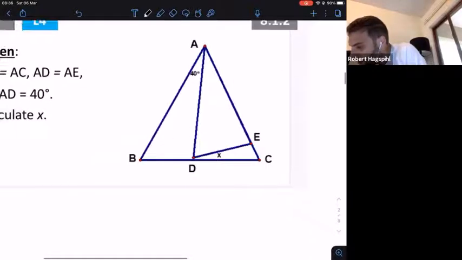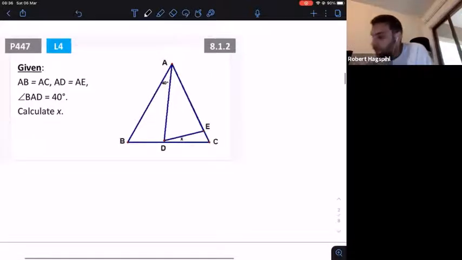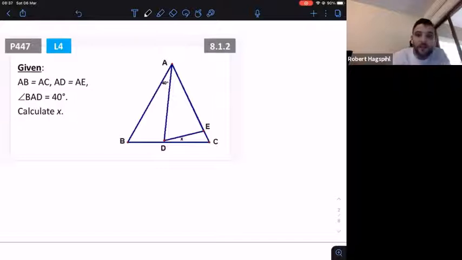Okay, let's do this question. This question is quite challenging. Again, when I did this question, I didn't see it automatically. I just started messing around and filling in as much as I can.